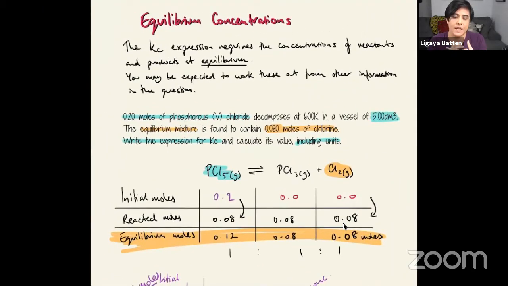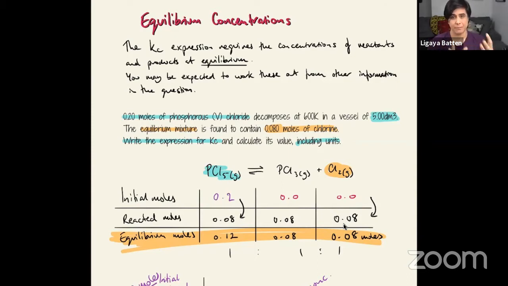The Kc expression requires the concentrations of the reactants and products at equilibrium. Sometimes questions will give you the concentration at the beginning, or maybe the concentration of one of the products at the end, and you need to work out how much of the reactant reacted and how much of the product will be there at the end. You can work that out in terms of moles, but then you also have to turn moles into concentrations.